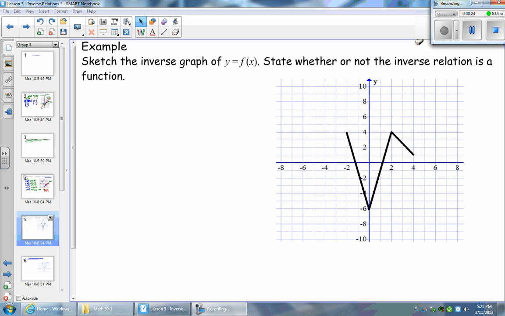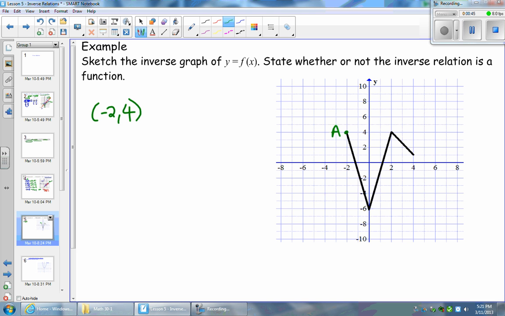The first thing you want to do is label some points here. So I have a point at -2, 4. Because it is a more complicated graph, sometimes it might help to label each and every one of the points you choose to take the inverse of.